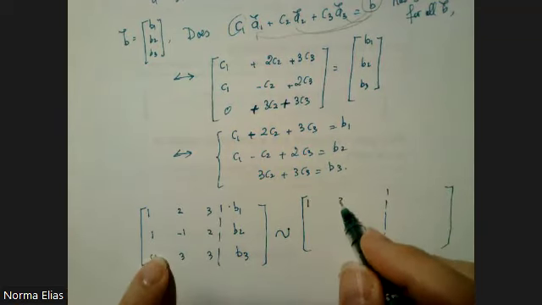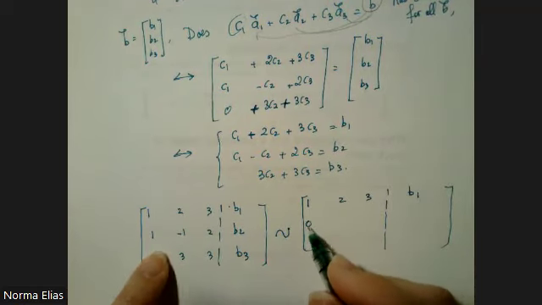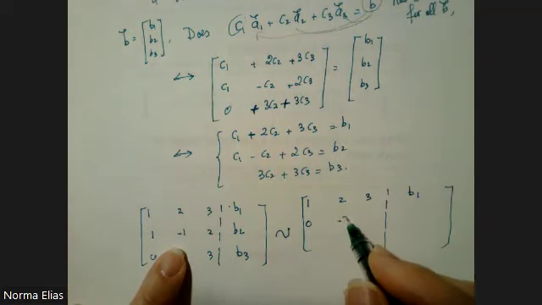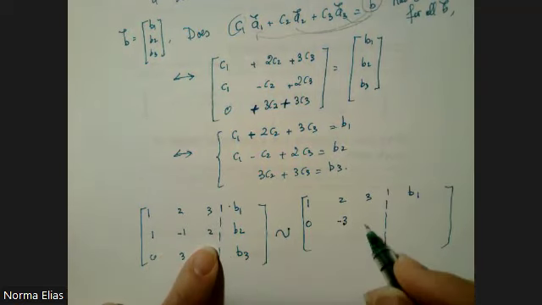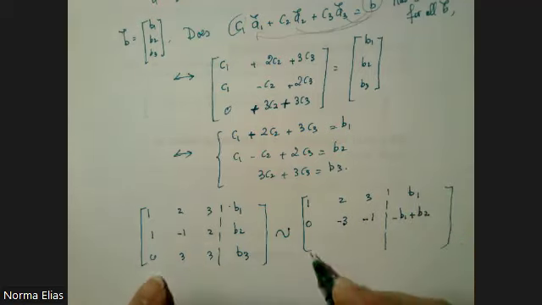So 1, 2, 3, B1, minus 1 plus 1, 0, minus 3 plus 2, and minus B1 plus B2. Finally, I will have 0, 3, 3, B3.